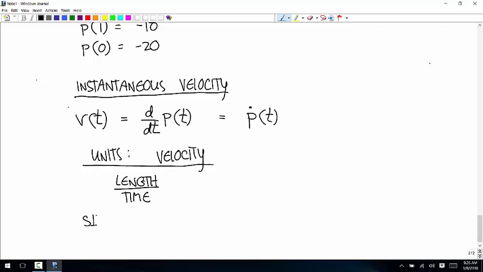So SI units for velocity are meters per second. Yeah, we'll use some of that stuff. Usually we'll just convert to SI units as part of the problem. And you've done all unit conversion in your chemistry class, so it's no different here.